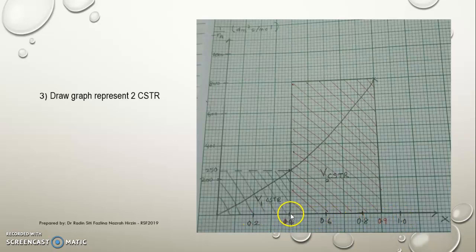Okay, for 0.4 conversion X, it got value for 1 over negative RA is 250. Kan, dalam soalan tu dah bagi dah 250. So, awak plotkan 0.4 dengan 250 dekat sini. Okay. And then untuk second reactor awak dapat 0.9. Yang ni yang dia bagi 0.9 dengan 800 value 1 over negative RA kan. So awak plot kat sini.